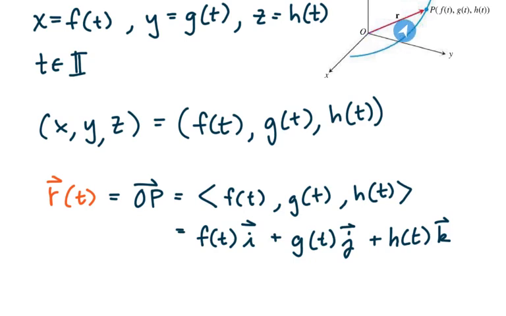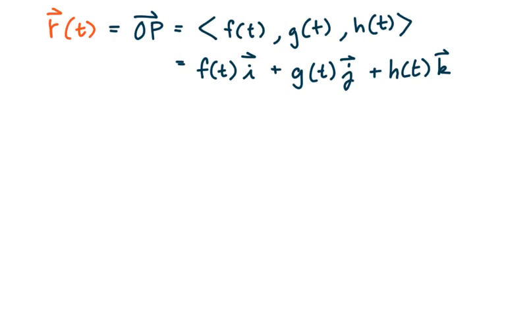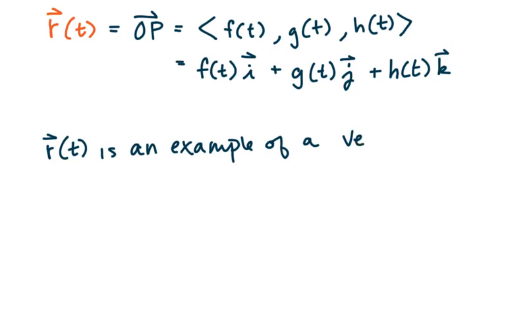So let's talk a little bit more about what this r vector represents. So r of t, this vector r being a function of t, is an example of what we call a vector valued function, or VVF.